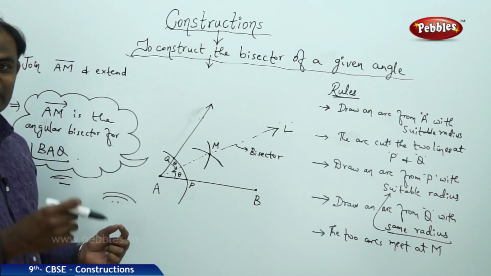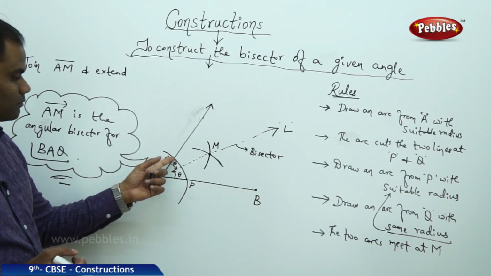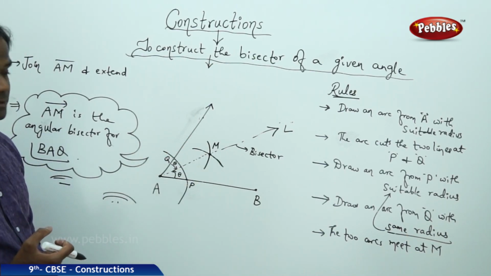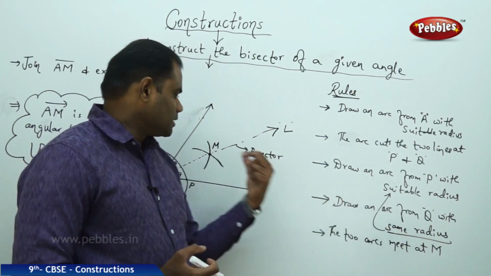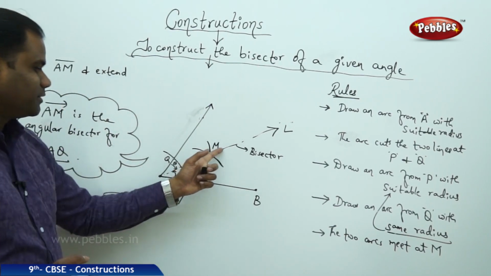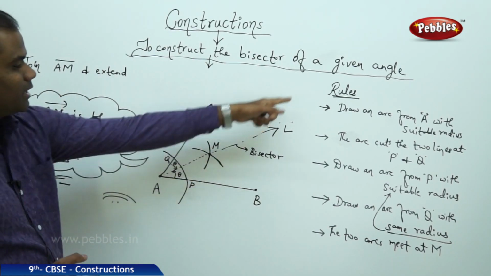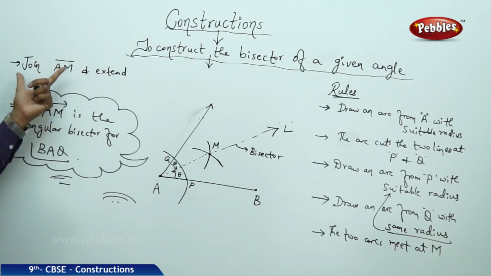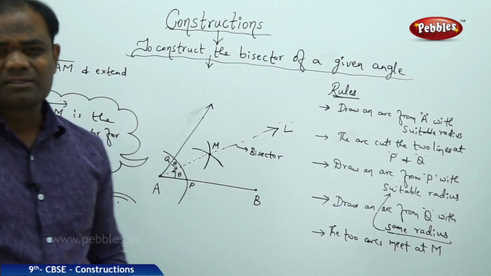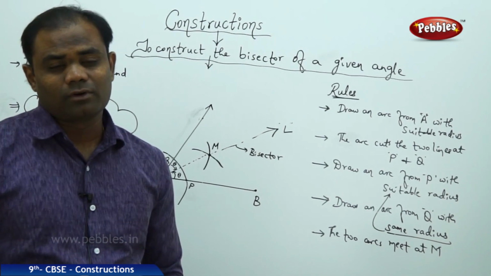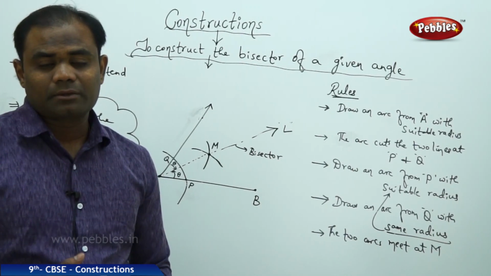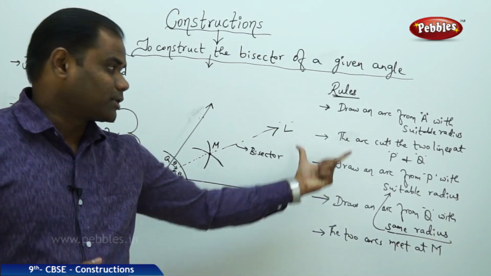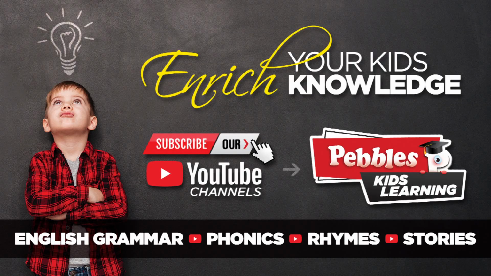So do not move the radius of the compass, but from Q, mark with the same radius. The two arcs meet at M, as can be clearly seen here. Then join AM and extend. The line AM is nothing but the angular bisector for the given angle. Angular bisector and its construction process.